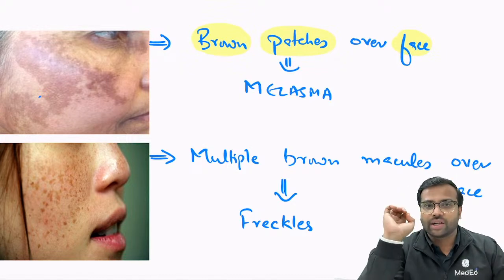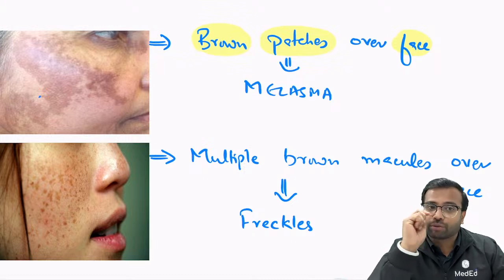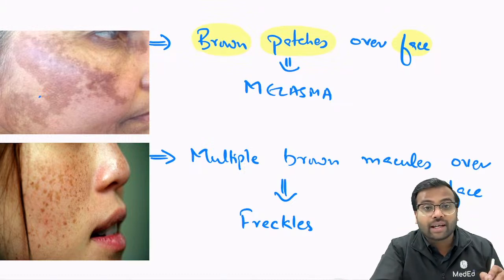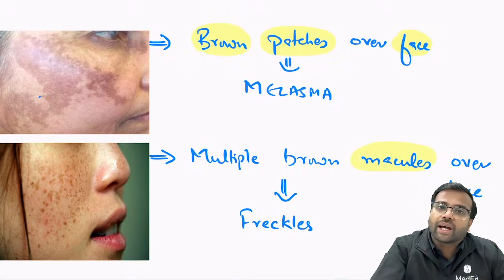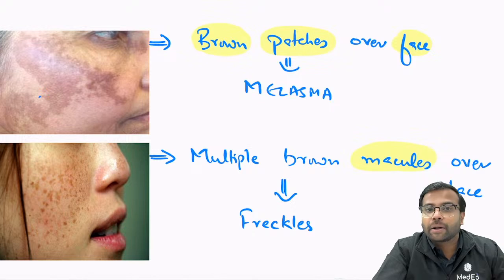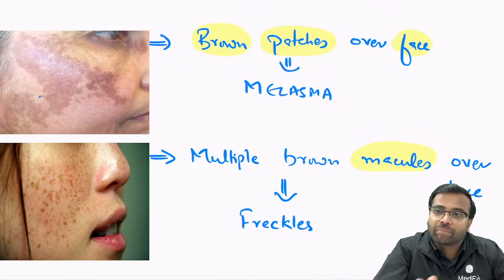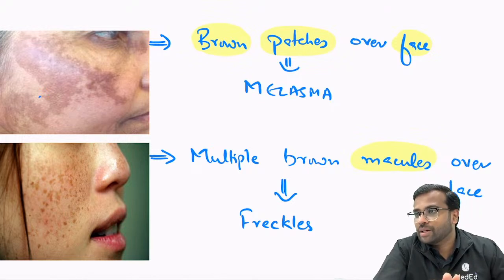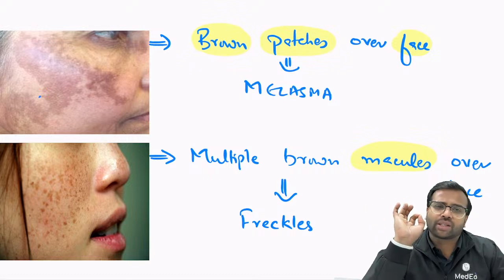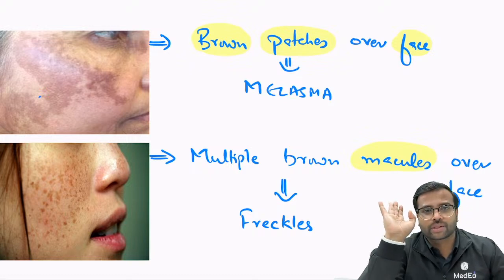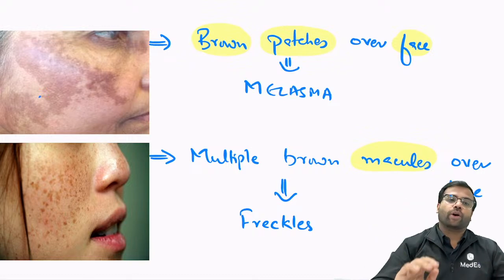So brown colored lesions, the only thing that you have to look for is whether it is a macule or is it a patch. अगर macule है, the answer should be freckles. अगर patches है, the answer should be melasma. Clear? So macules is equal to freckles and patches is equal to melasma. That is how you can reach out to a diagnosis just based on the appearance, and all these are spot diagnosis. So all these are going to be spot diagnosis.